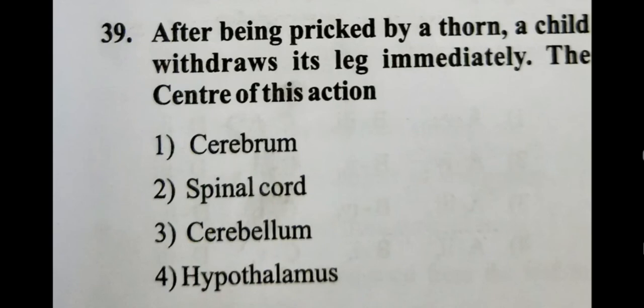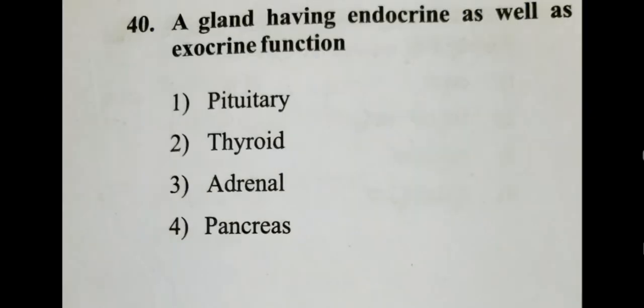39. After being pricked by a thorn, a child withdraws its leg immediately. The center of this action is, yes, the spinal cord, that is reflex action. A gland having endocrine as well as exocrine function, that is the pancreas, a dual gland.